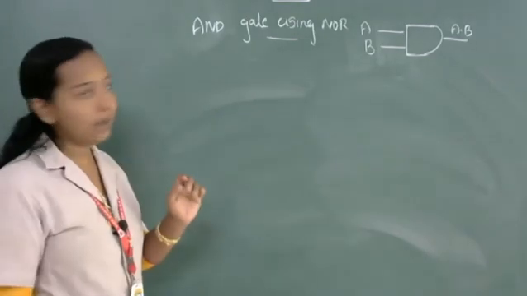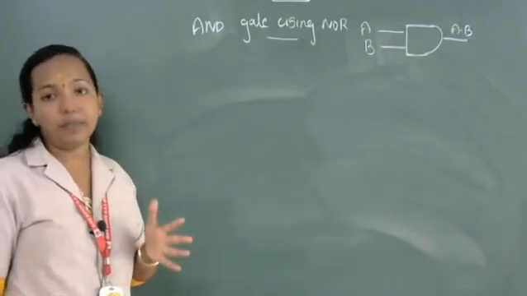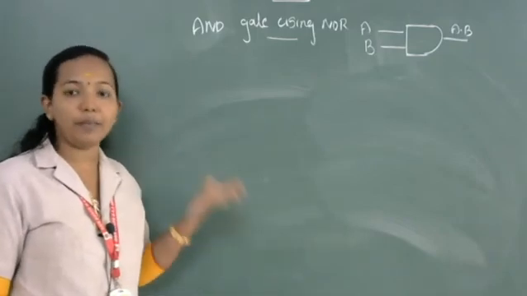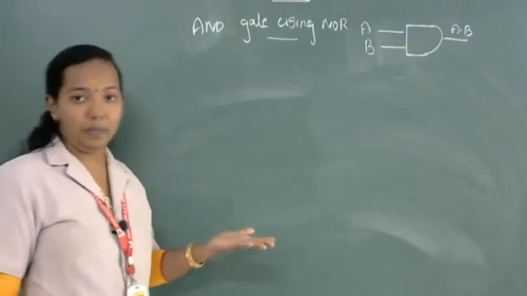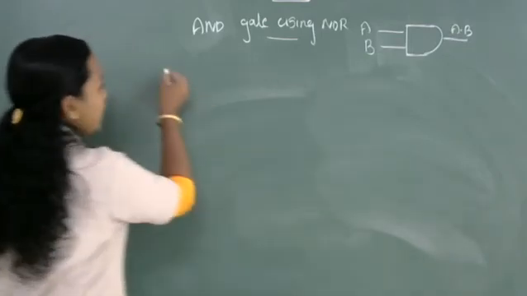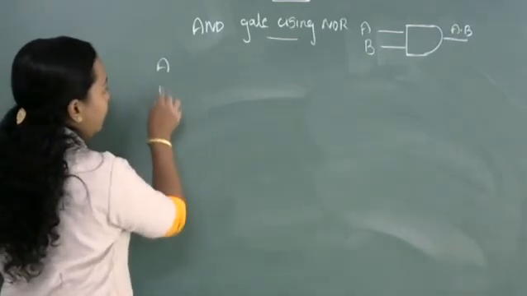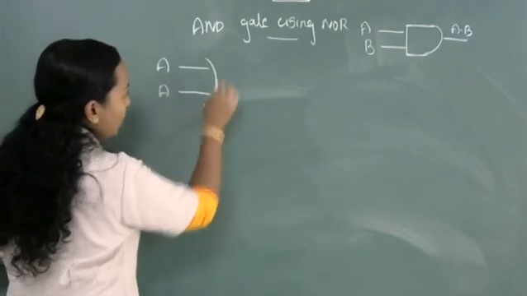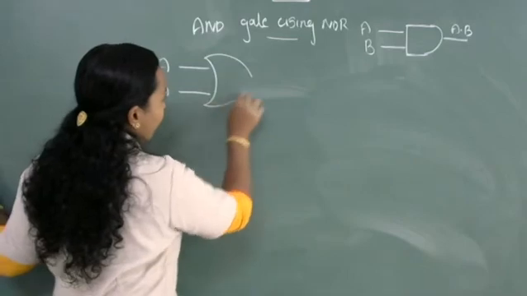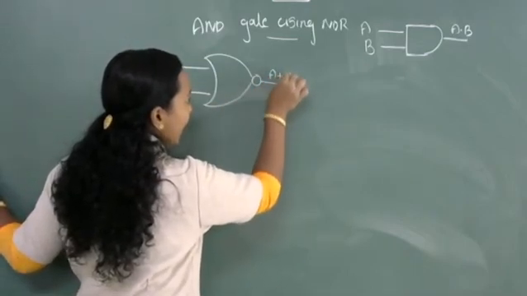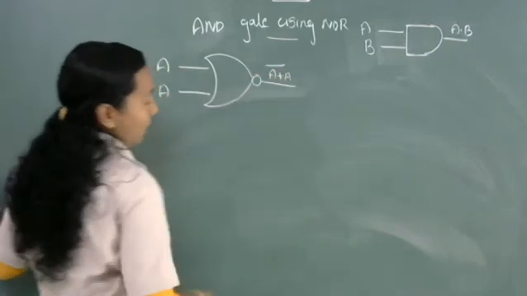Okay, for implementing this we need to get the complements. That means first we convert A into A complement and B into B complement, and then take the overall complement. First, two inputs A NOR A. After A NOR A, what will be the result? (A + A) all complement.